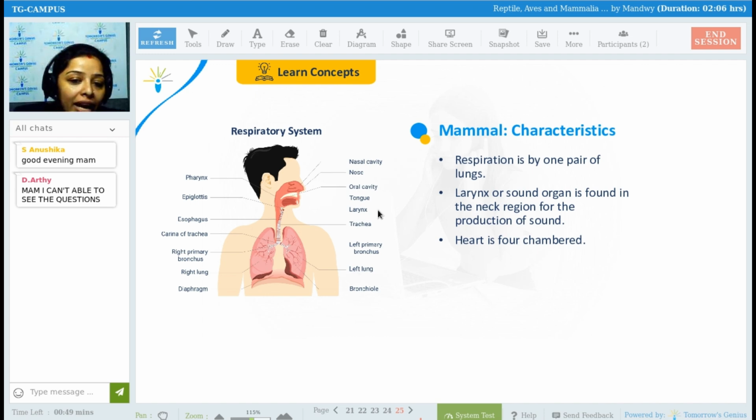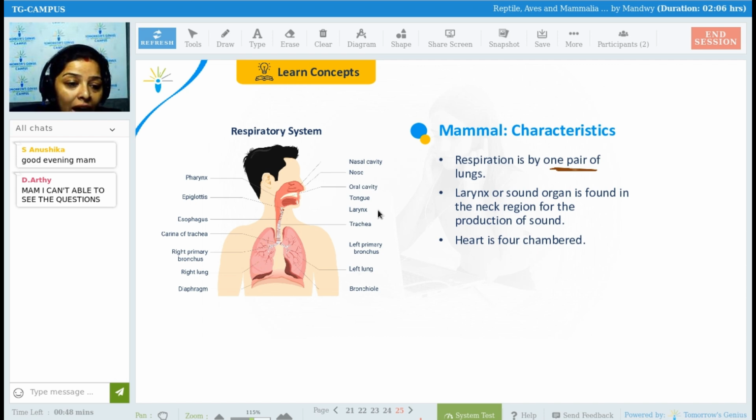Okay. Next characteristic is respiration. So all the mammals respire through a pair of lungs, as you can see in the image. The left side has two lobes and the right side has three lobes.